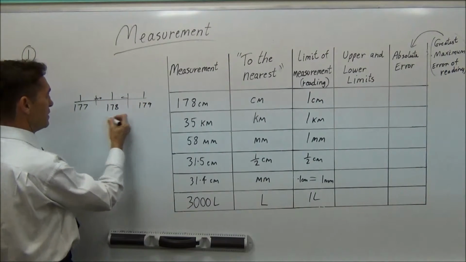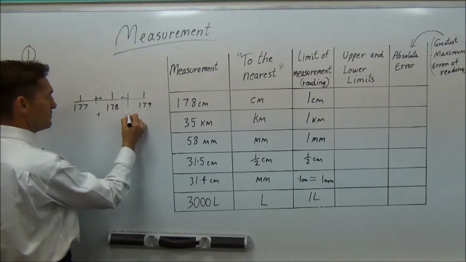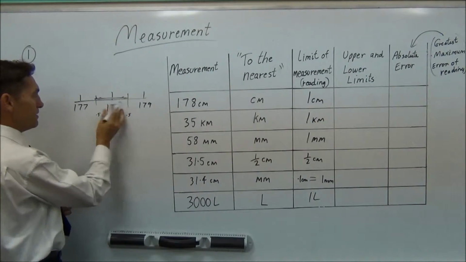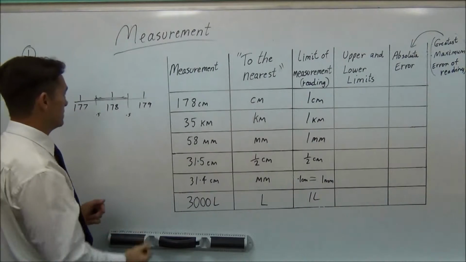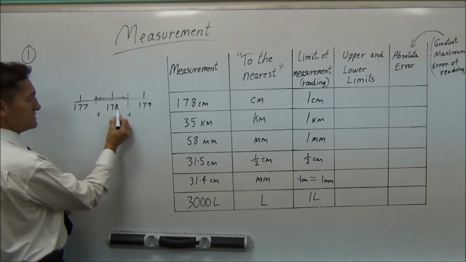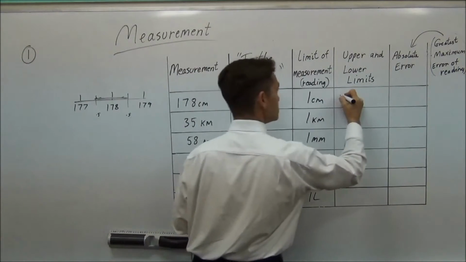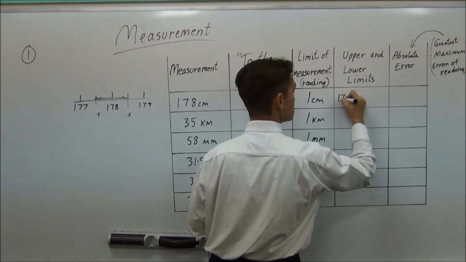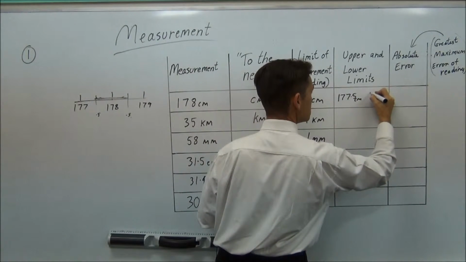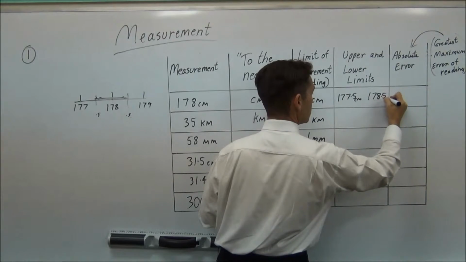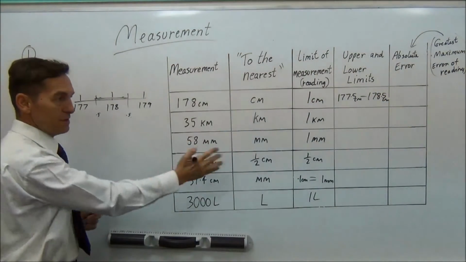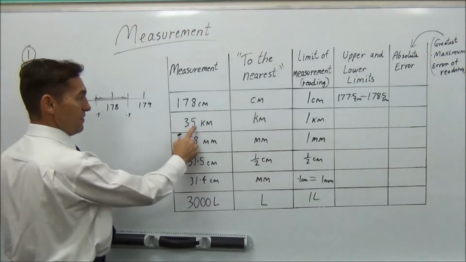It's really from that 0.5 to that 0.5. If I see anything there, I'm going to say it's 178. So that's my limit of measurement from 177.5 to 178.5 for this one. So my lower limit is 177.5 centimetres, and my upper limit is 178.5 centimetres.